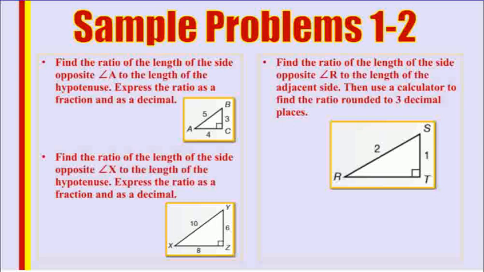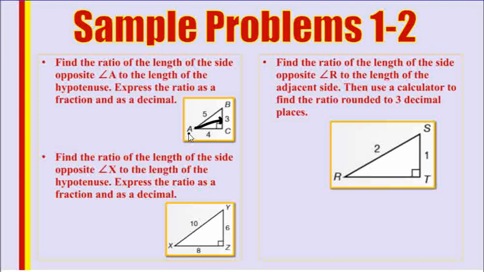It says find the ratio of the length of the side opposite angle A to the length of the hypotenuse. Express the ratio as a fraction and as a decimal. So the side opposite angle A. If angle A is here, opposite is the 3.